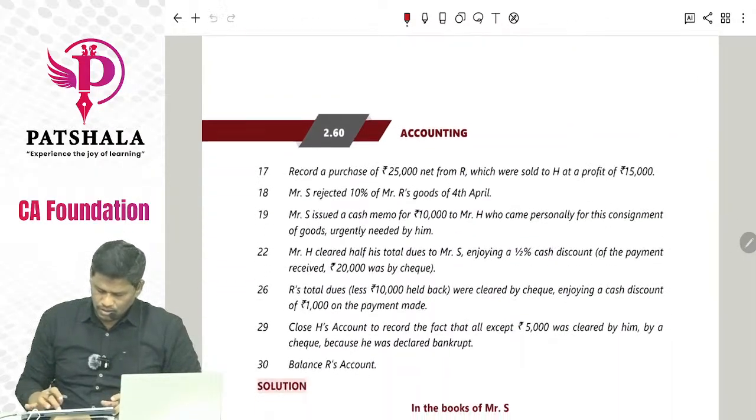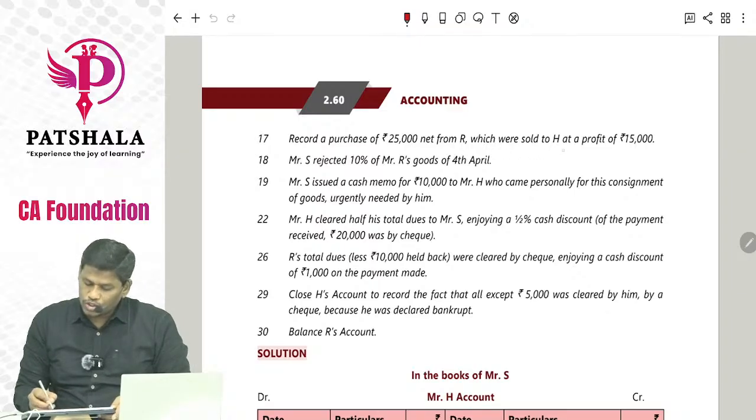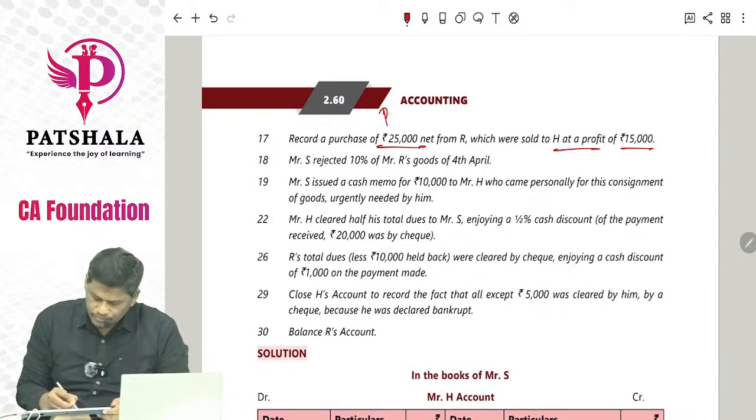Then next entry. Record a purchase of 25,000 net from R, which were sold to H at a profit of 15,000. That means we bought from R and sold to H. Tell me the entry when you buy from R. Purchases to R. How much?